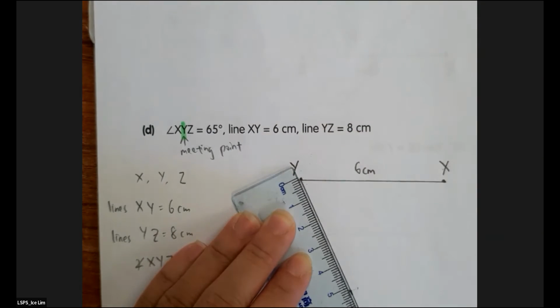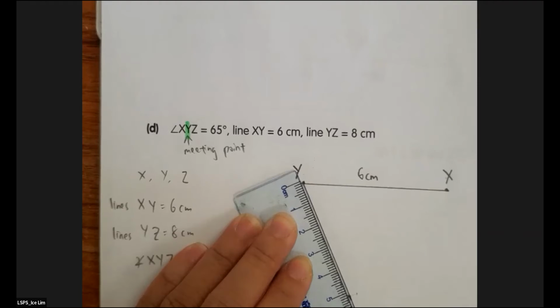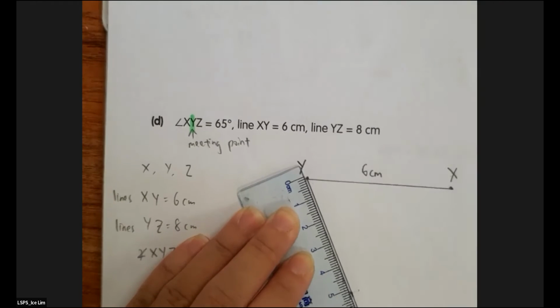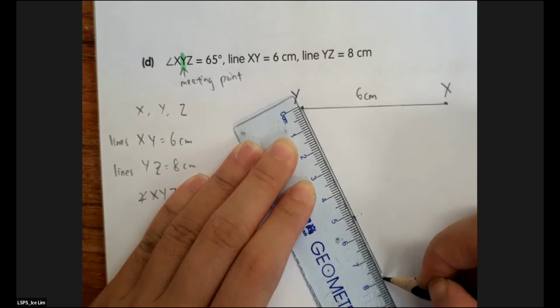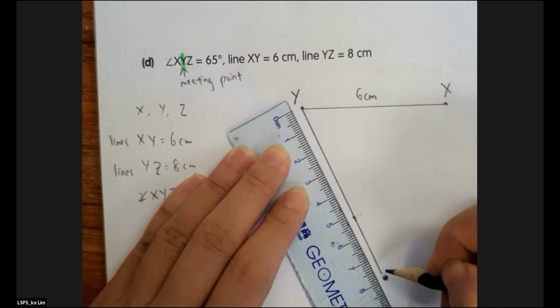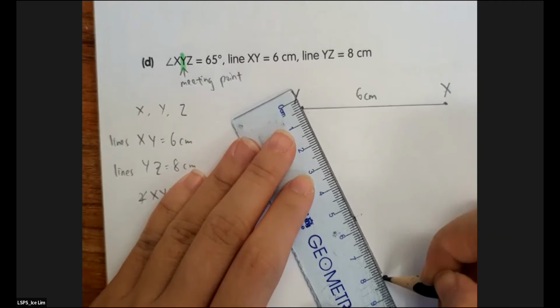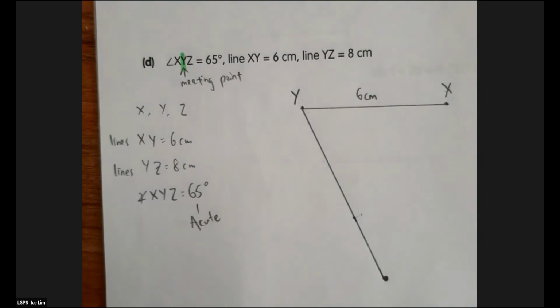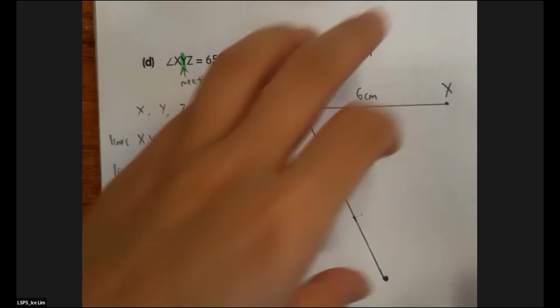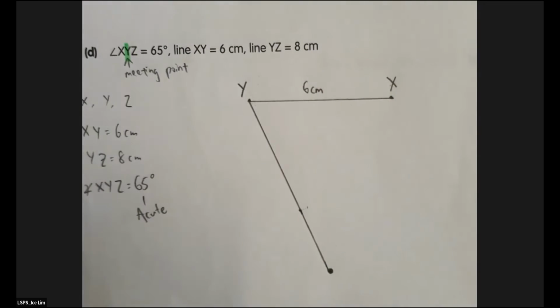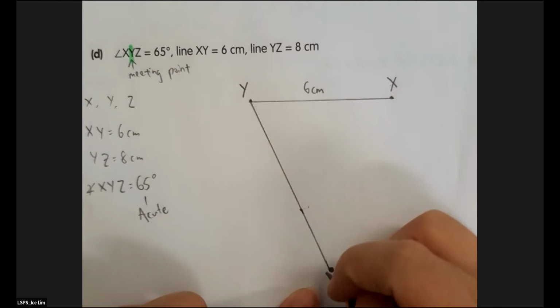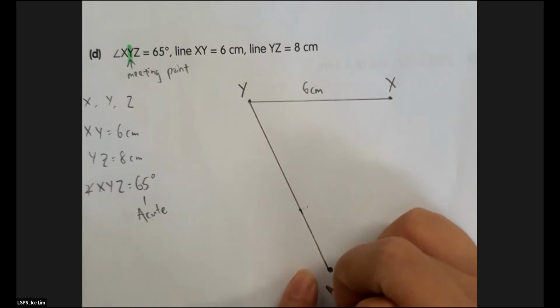How long is the line supposed to be? 8 centimeter. So it should be here. Yes, you can do correction. If you make a mistake, you can erase and draw again because you use pencil, right? So this one is X and Y and Z. Z is here.